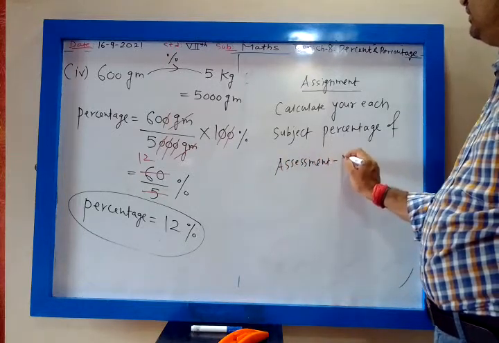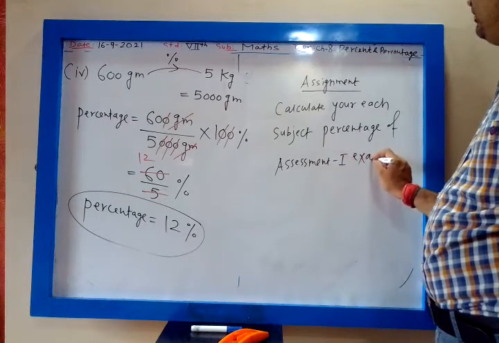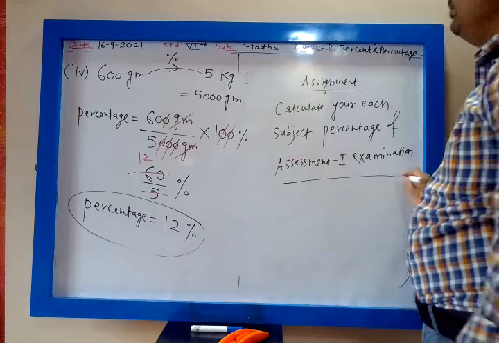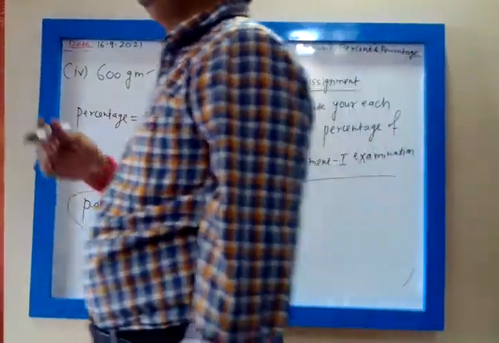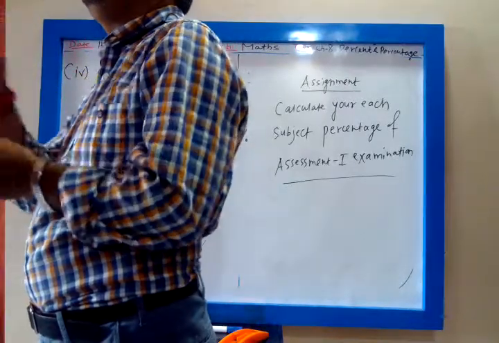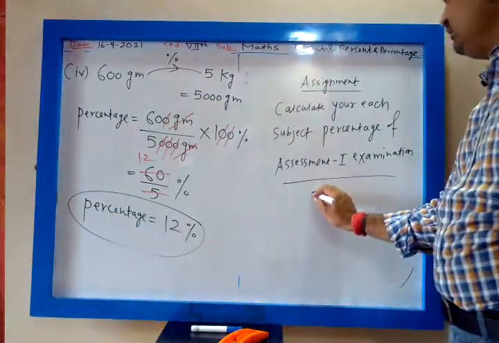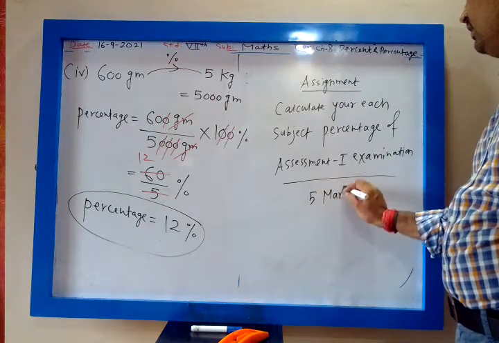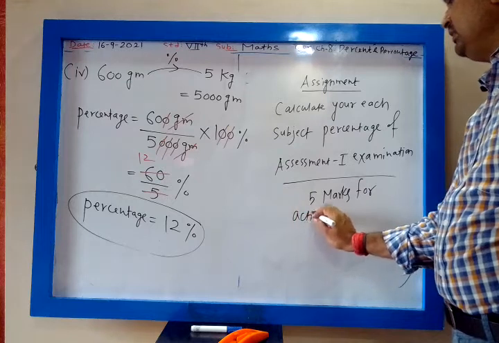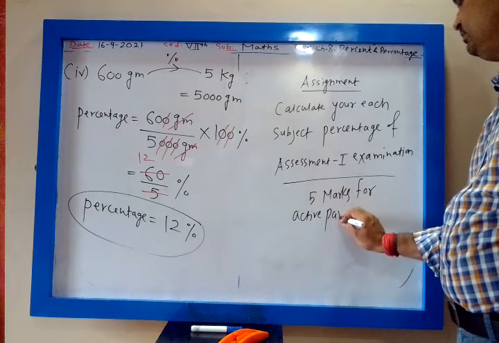I have told you how to calculate percentage. This is your assignment. Whoever will send me the answer on WhatsApp, you have to write on the paper and take the photograph and send me. I will definitely give 5 marks for active participation.